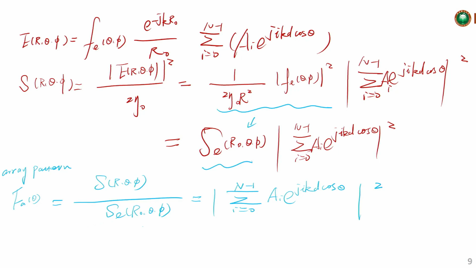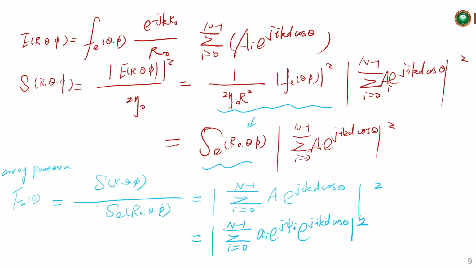We can take further analysis on the array pattern, and if I wanted to express it more clearly, it can be expressed as beta equals the sum from 0 to N minus 1 of a_i e^(j psi_i) e^(jikd cosine theta) square. This one.